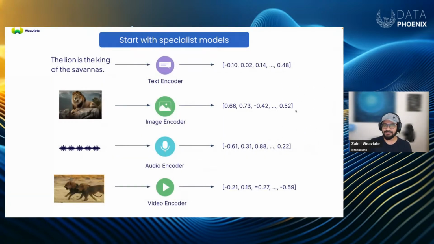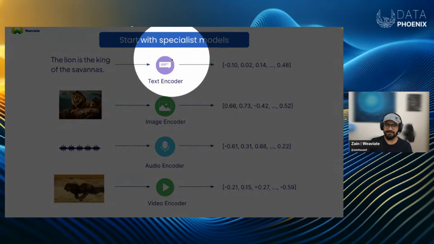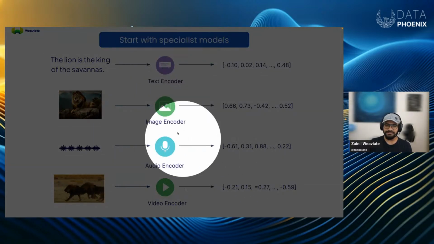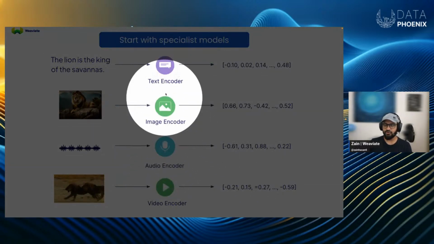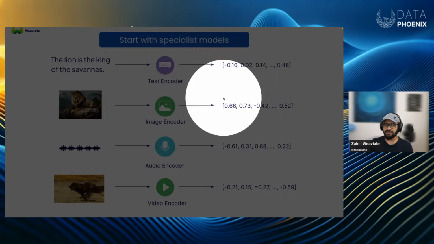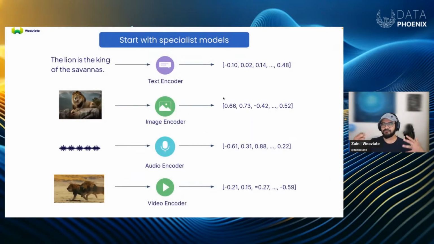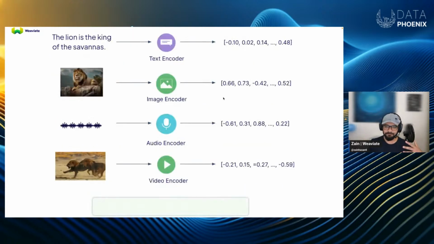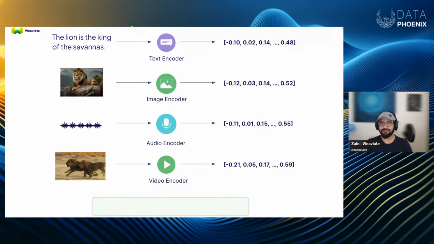And this is because all of these models are trained independently, right? So this model doesn't know about this other model's existence, and they don't know about each other. So there's no way that the vectors would be close together here, right? So what we have to do is we start off with these specialist models, and then we can come together and kind of combine them by training them, right?